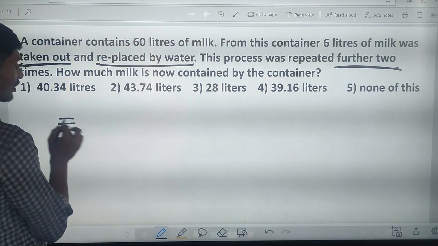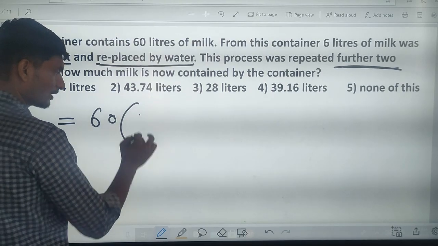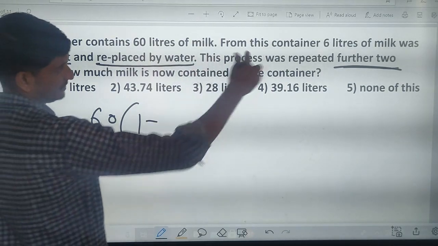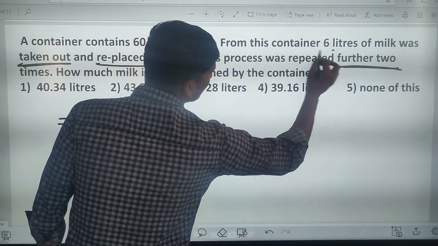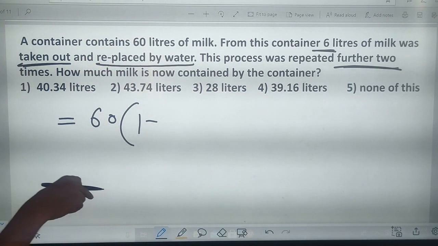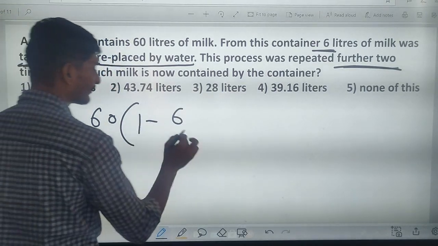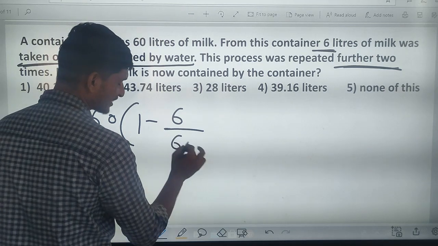Now we solve. Total milk is 60 liters. 1 minus, now from this container 6 liters of milk was taken out and replaced by water, that is 6 by 60, 1 by 10.